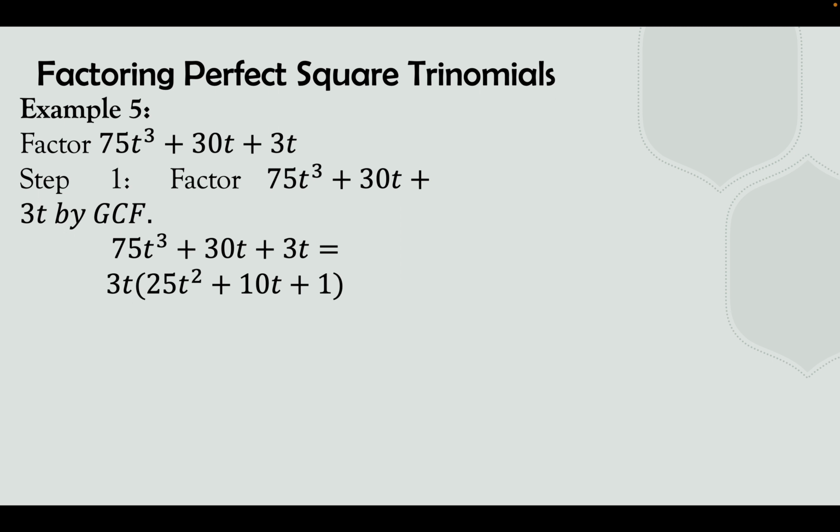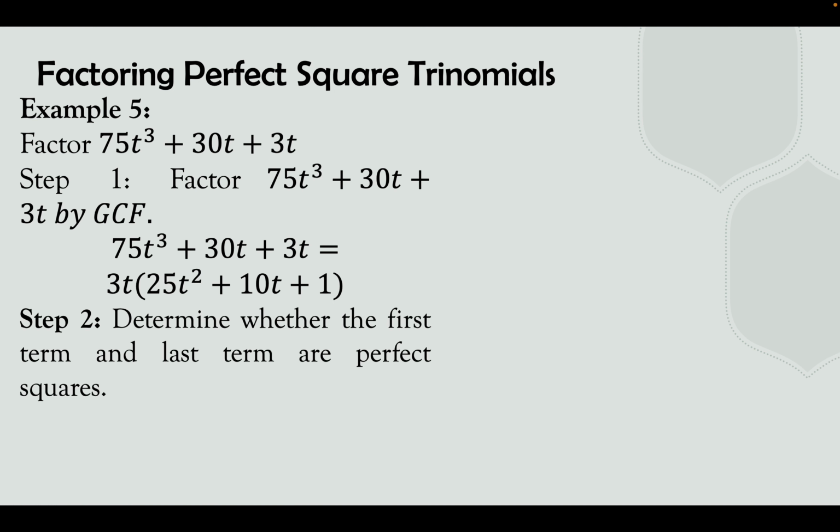So you will use the steps in how to find the GCF. You will get 3t there, so that we will now have 3t times 25t squared plus 10t plus 1. So we will use 25t squared plus 10t plus 1 in factoring the perfect square trinomial of our given polynomial. So determine if the first and last terms are perfect squares.